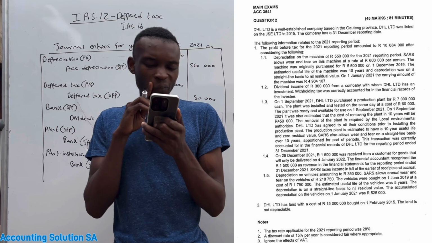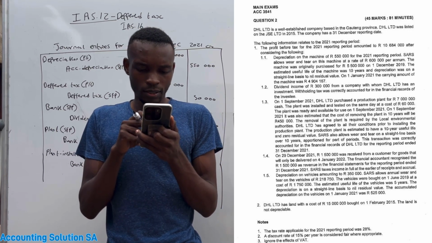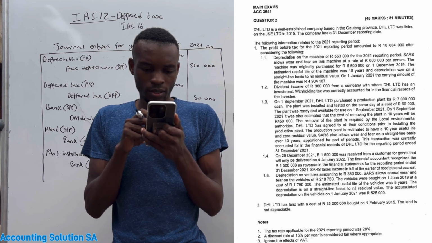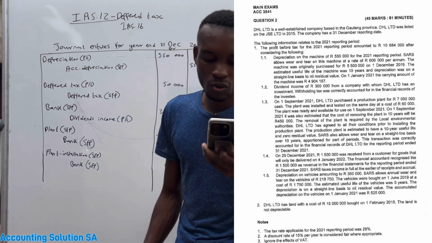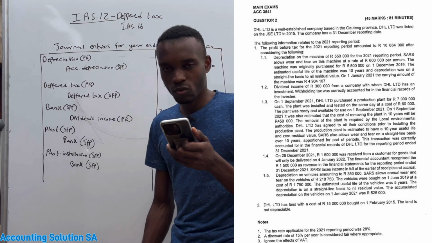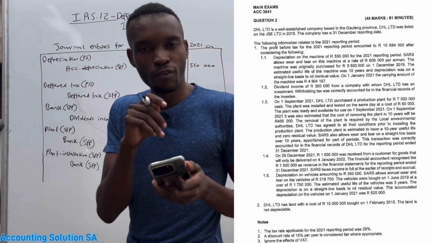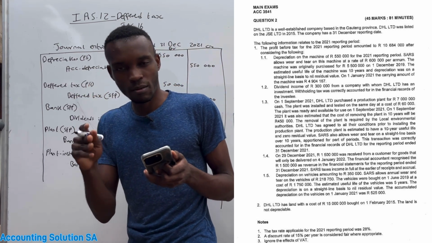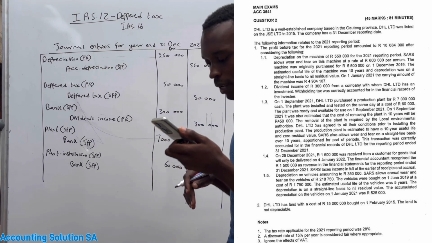Okay, now let's check. They said that the plant was ready and available for use on 1 September 2021, which means that when we calculate depreciation, we're going to check only 4 months, September, October, November, December, because it was available for use on 1 September.